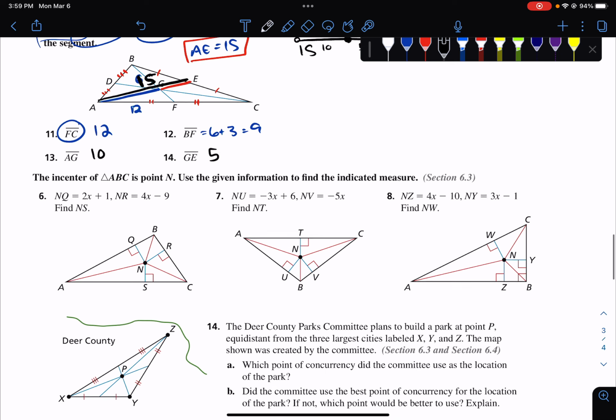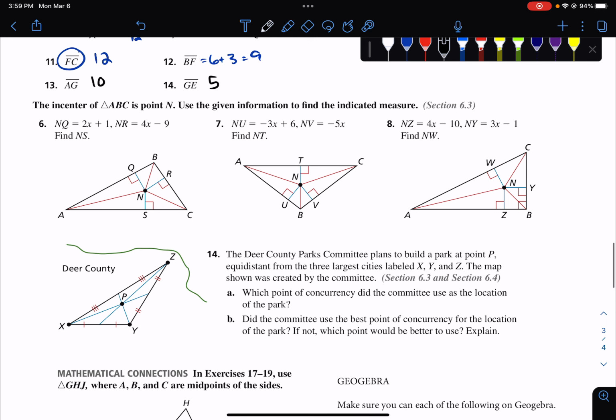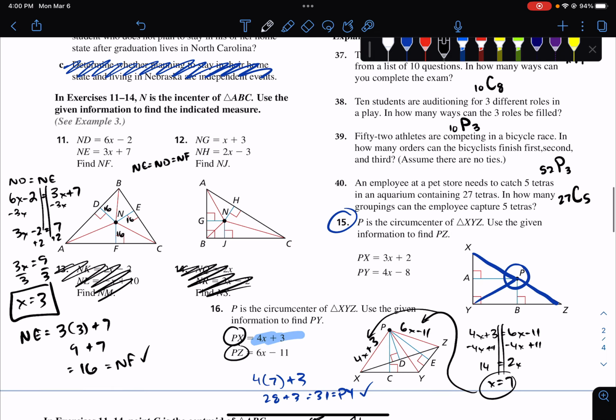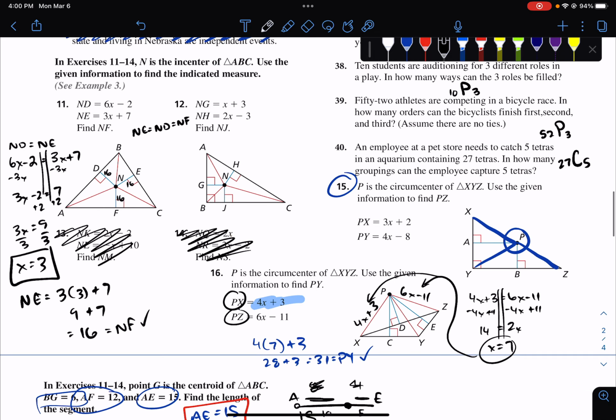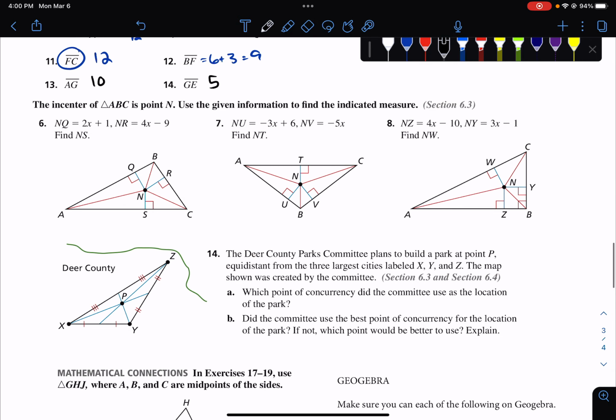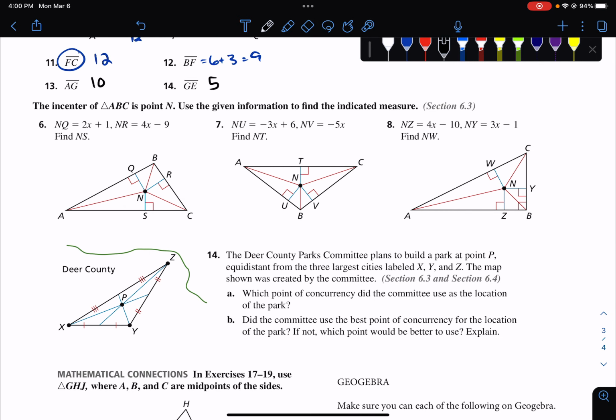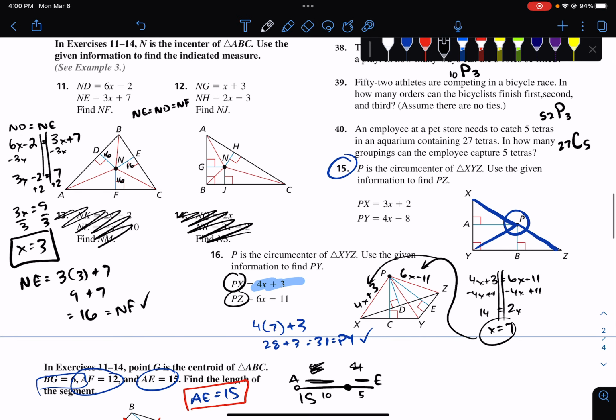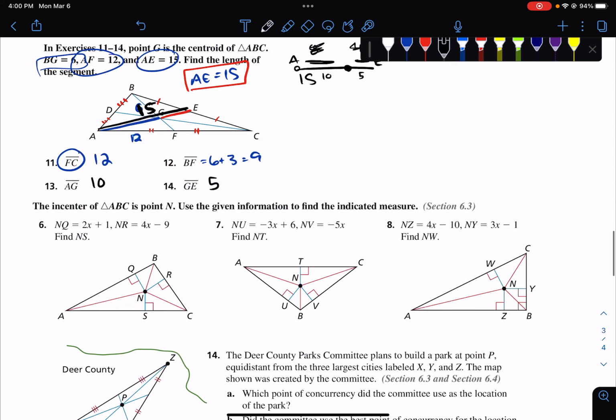All right, back to other triangles, incenter. So it tells me that N is the incenter. Why are there so many incenter questions on here? Must be because there's going to be a bunch of them on the test. So incenter looks just like 11 and 12 that we already did.